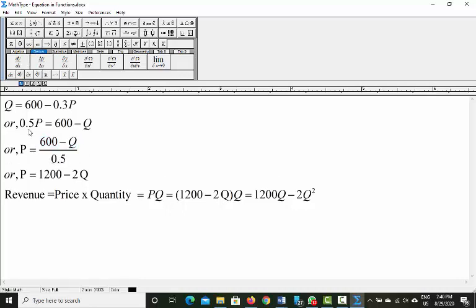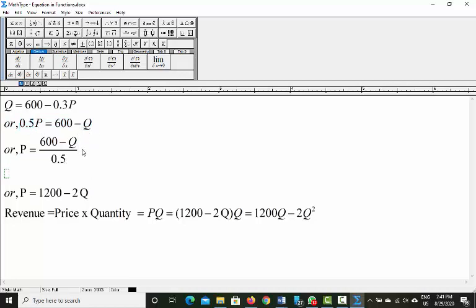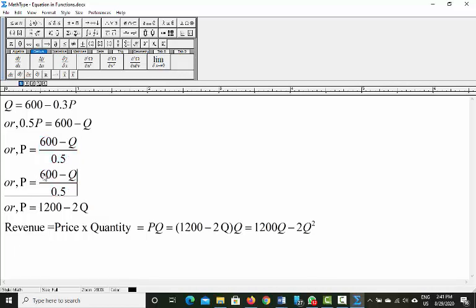That means we can bring this one to the right hand side, and it will be like that. And then what we can do is separate each part.